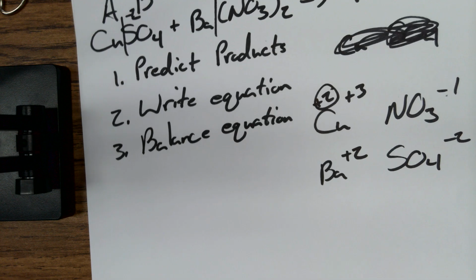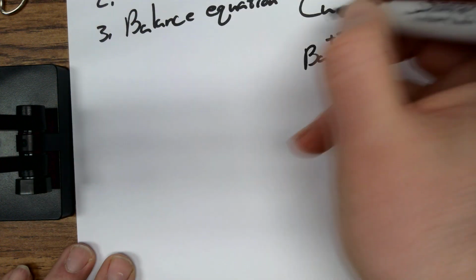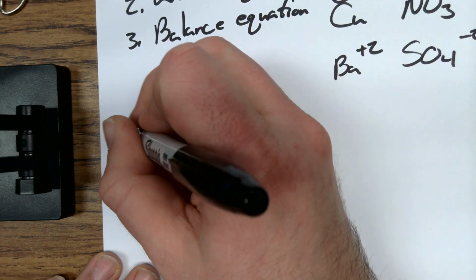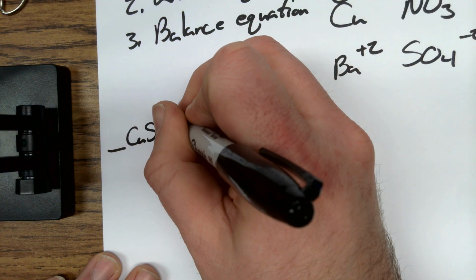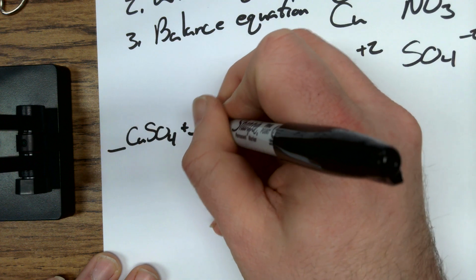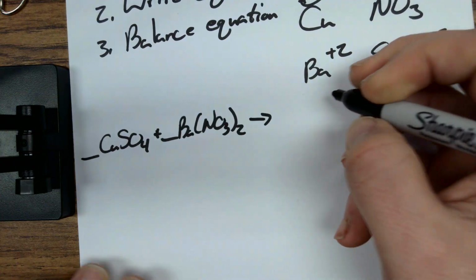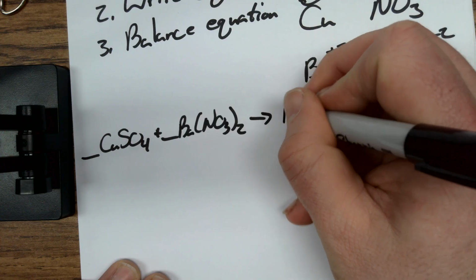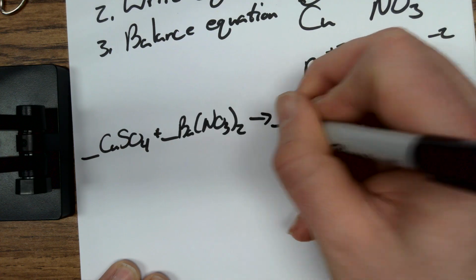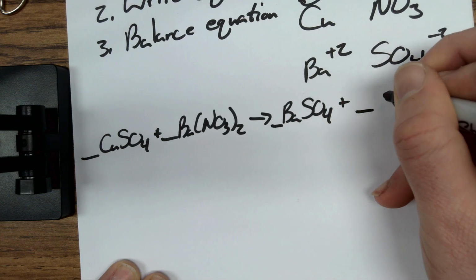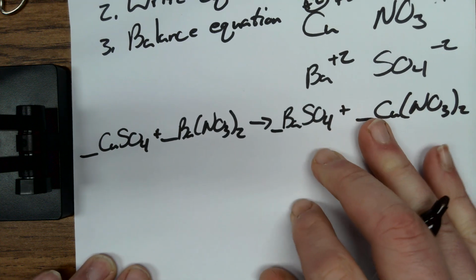Now, I'm going to rewrite my equation. And I'm going to leave some space for coefficients if I need them. Copper sulfate plus barium nitrate. Arrow points over to barium sulfate plus copper nitrate.